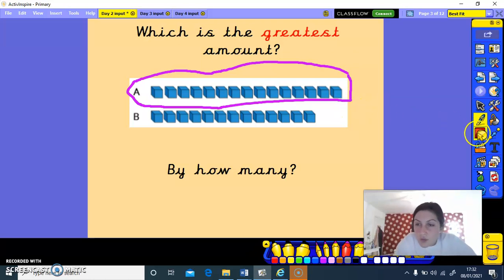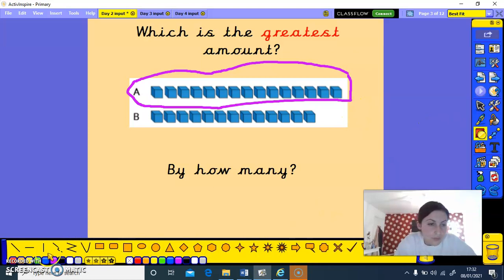Now I am going to draw a line where they are the same. So I can see they are the same. I'm going to go along the bottom one until I get to the end. And then I can see in line with this one here. Oh, that doesn't help that I've done my line in white, does it?